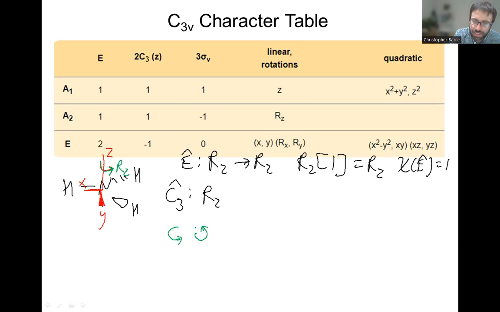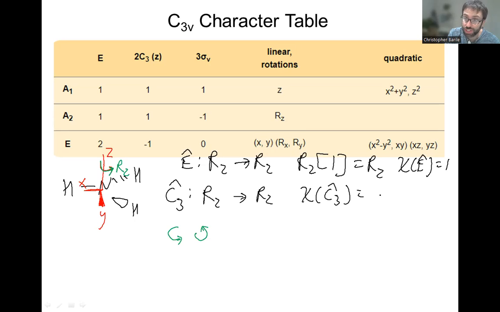But fundamentally, this is still describing the same thing. It's a clockwise rotation going the same direction. We went from clockwise to clockwise. So this actually doesn't change anything. So RZ went to RZ, and again, the same 1-by-1 matrix describes this, just a 1. And so the character chi of the C3 operation is going to be 1.